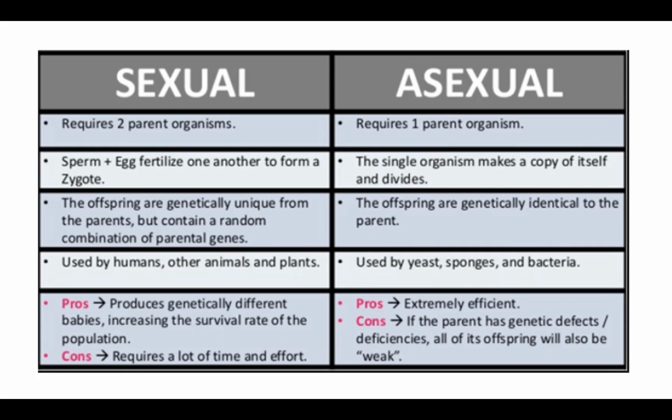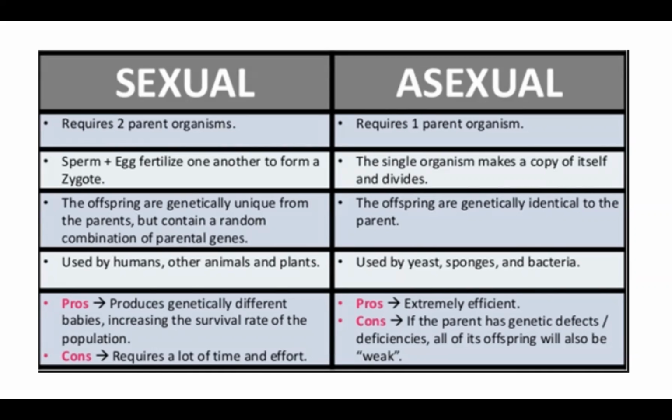One of the downsides to asexual reproduction is that if there are any genetic defects, deficiencies, or abnormalities in that parental organism, guess what? Those same defects and deficiencies will be passed down to the newly created offspring, because the offspring from asexual reproduction are an exact copy of the parent cell.